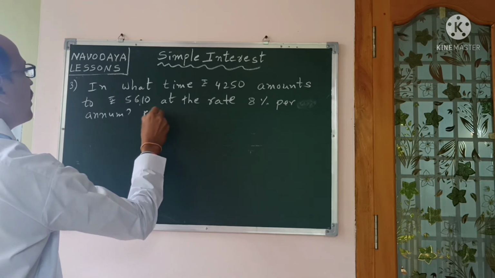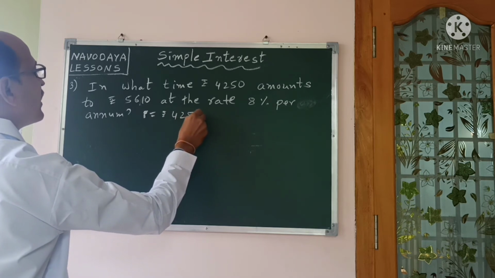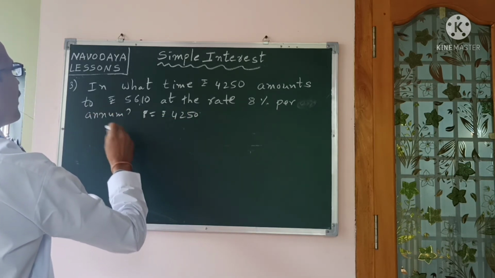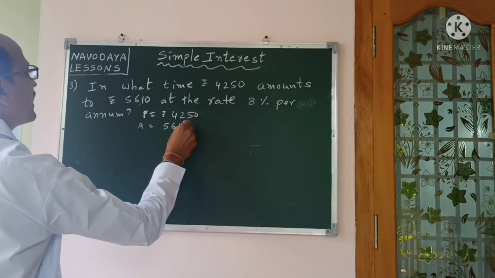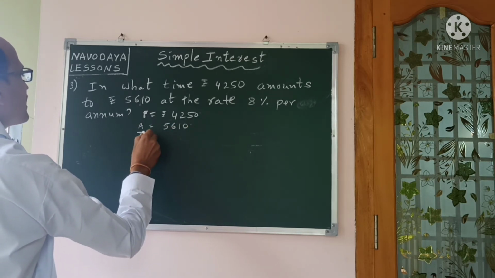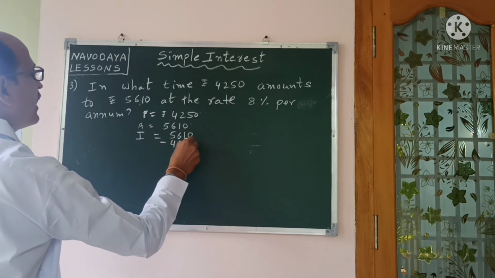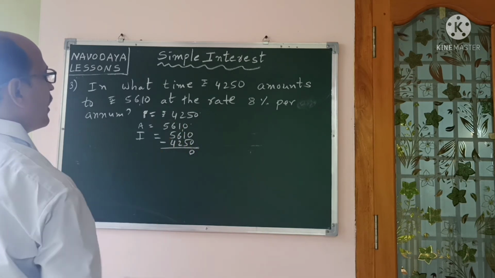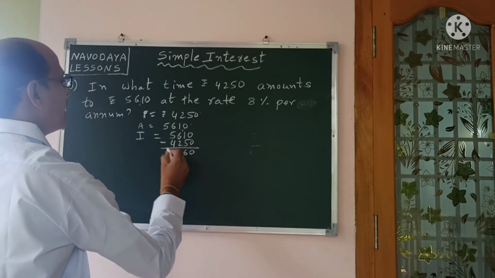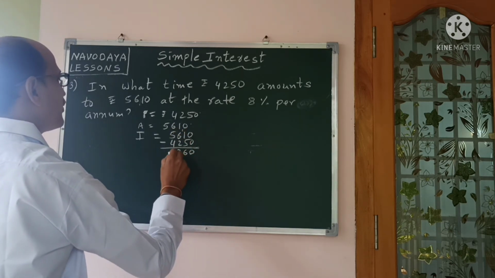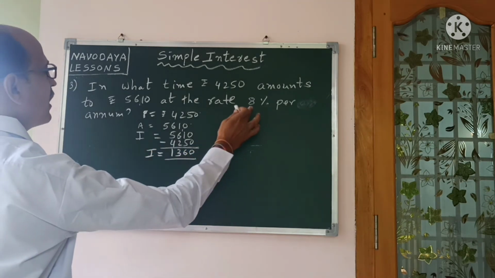P is equal to, what is P? 4,250. And the amount A is equal to 5,610. What is interest? 5,610 minus 4,250. 10 minus 0, 0. 11 minus 5, 6. 5 minus 2, 3. 5 minus 4, 1. This is I, 1360. Now, what is R?